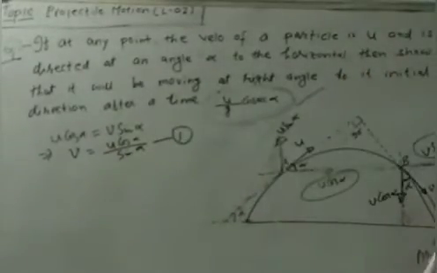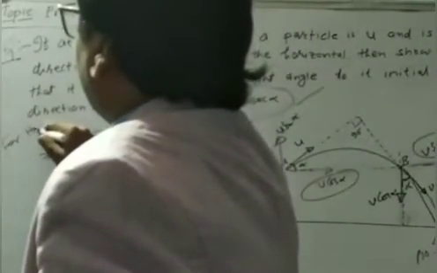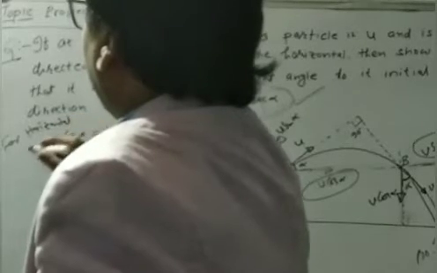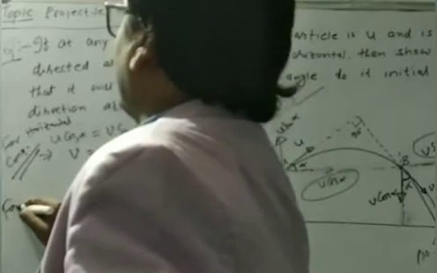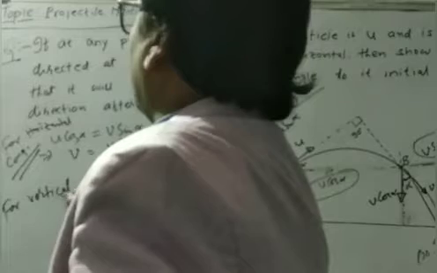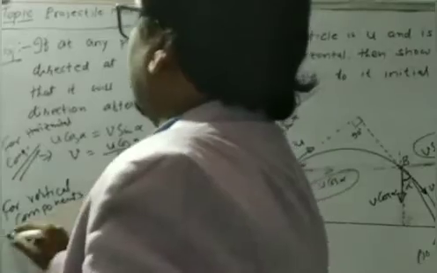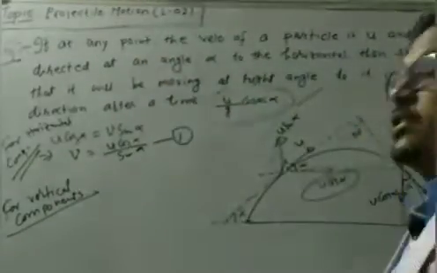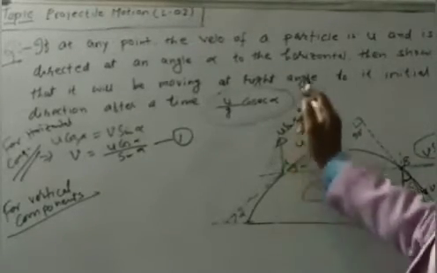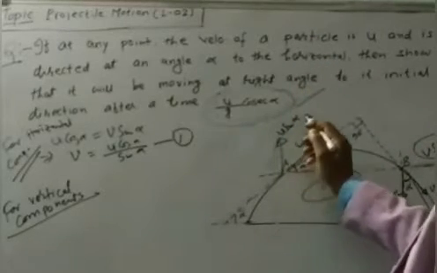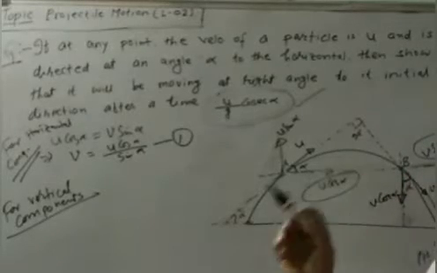Okay, this is for horizontal component. Okay dear, for vertical component, what you can write here, this vertical component is in up direction u sin alpha, and here this vertical component is v cos alpha vertically downward.